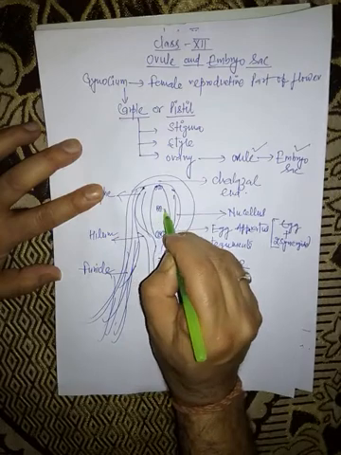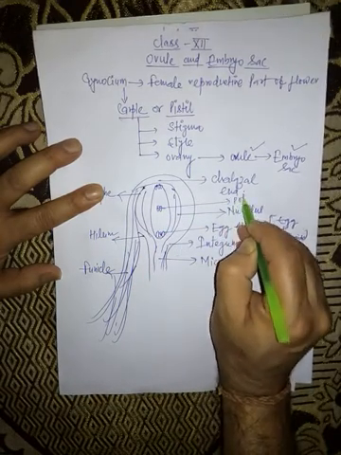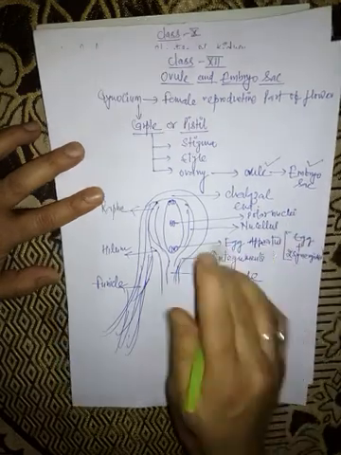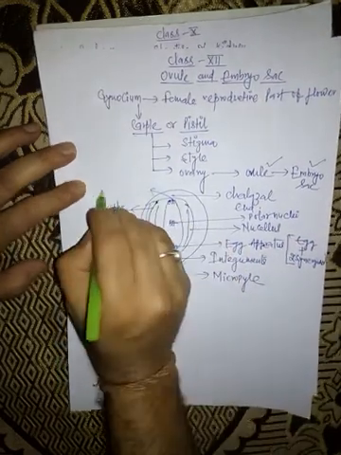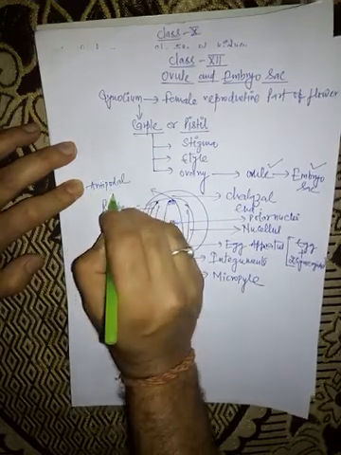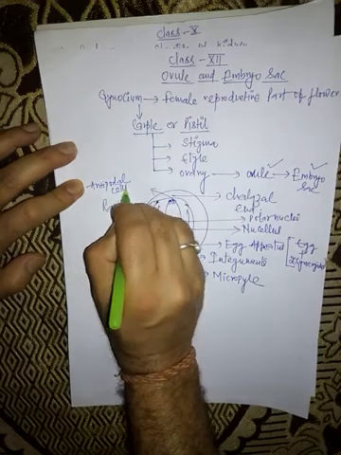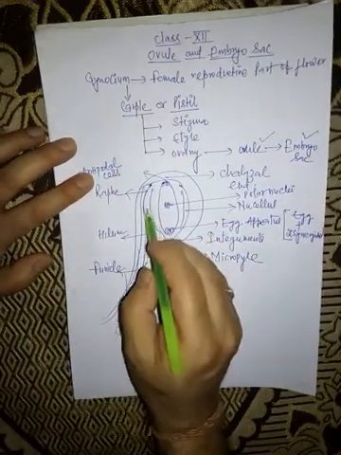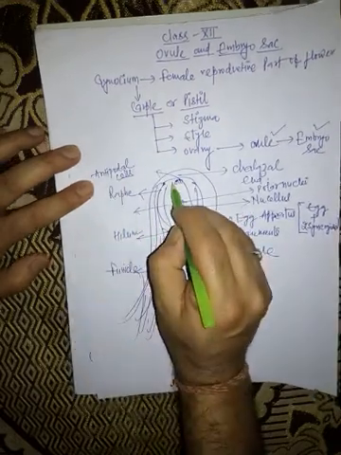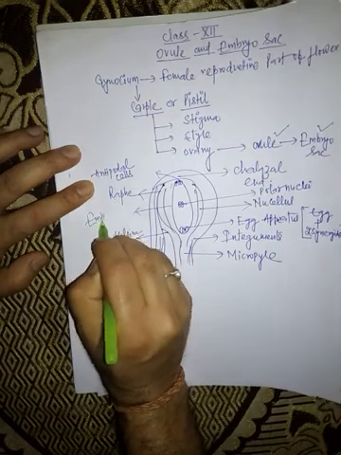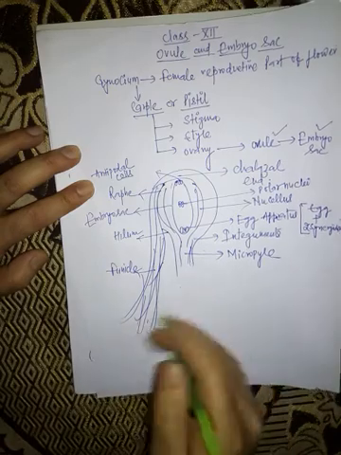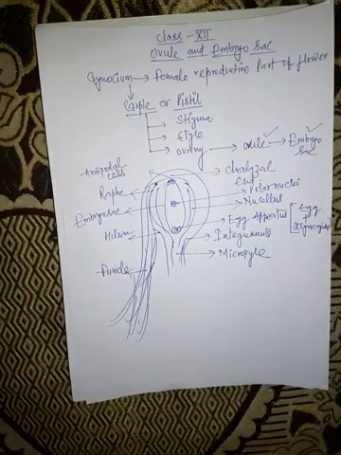These are the polar nuclei. These are the antipodal cells. This is the complete structure. This is known as embryo sac. Right, this is the structure of ovule.